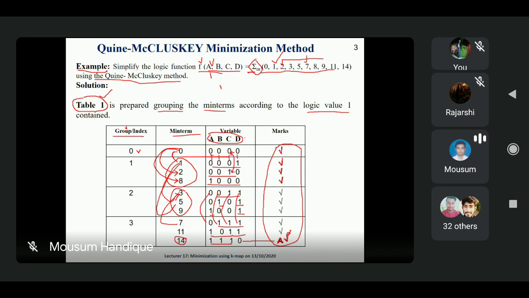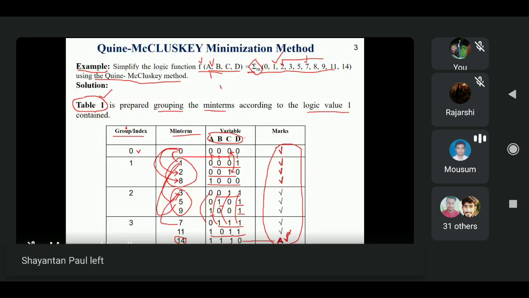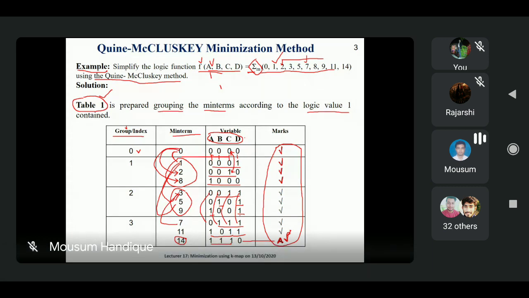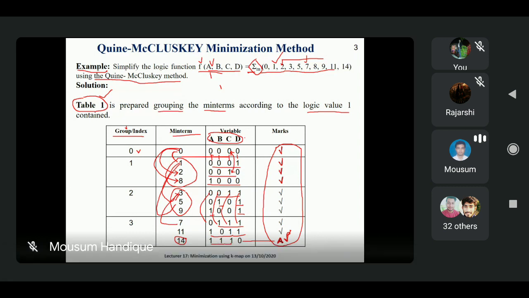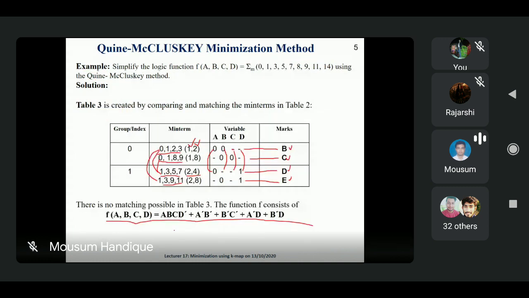If it is a max term, we can convert it to min terms, because it is easier for us. So 1 is related with A, 1 with B, 1 with C, and 0 with D. In min terms, 1 means uncomplemented A, B, C, and 0 means complemented. So the term we get is A, B, C, and D bar. Here I am writing A B C D bar.